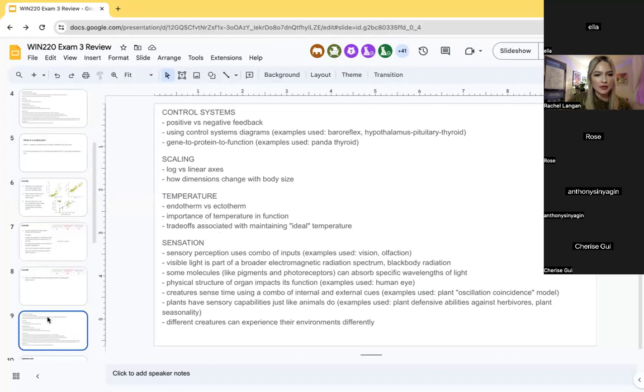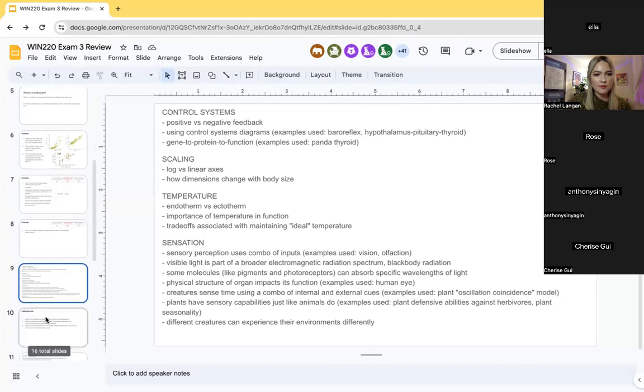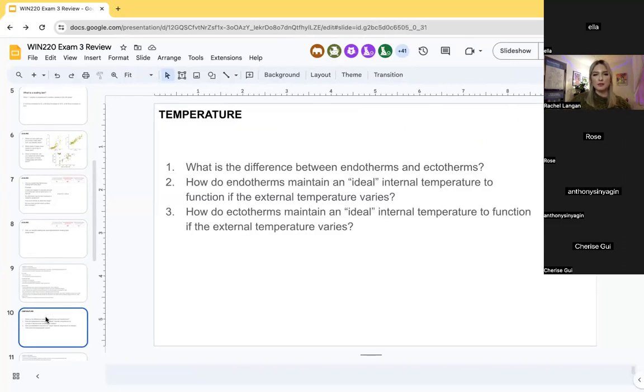Then temperature stuff. So big picture, what do you need to know about temperature stuff? First, you need to know the difference between endotherms and ectotherms. So the big difference is that endotherms regulate their temperature internally using their metabolism.